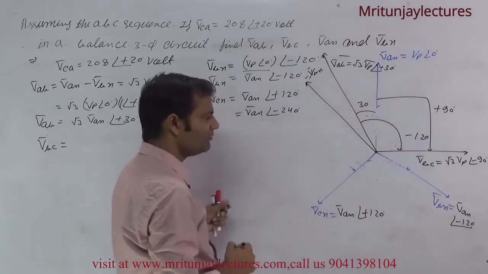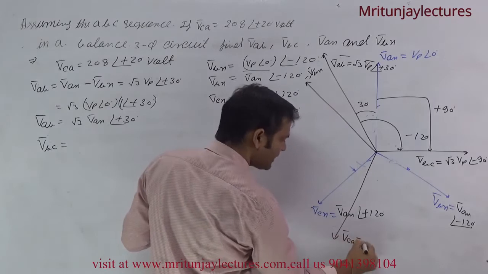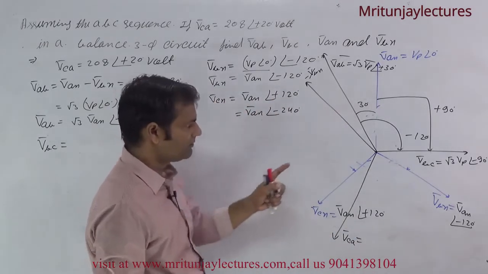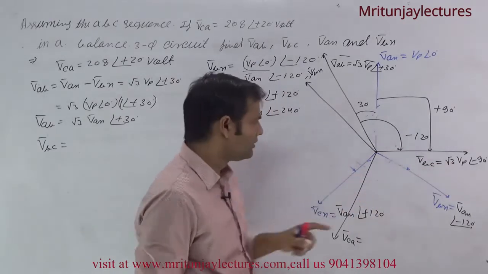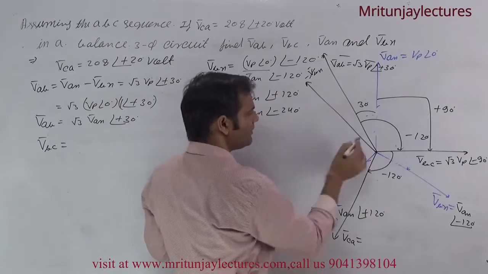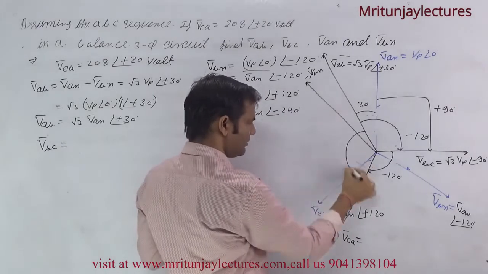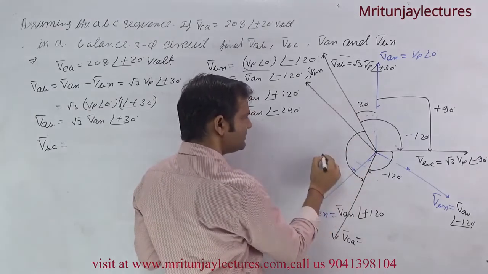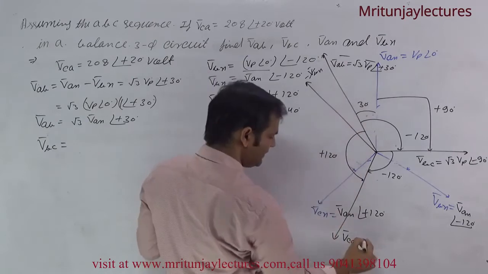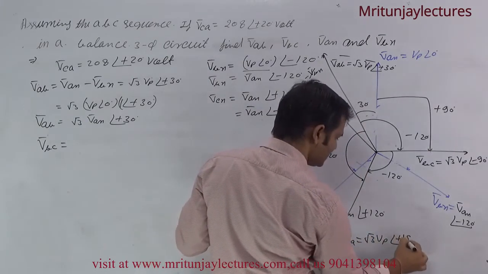After that VCA is equal to corresponding to this one, minus 120, clear? Now here 1 is plus 120 and plus 30, finally we write root 3 VP at the angle plus 150.